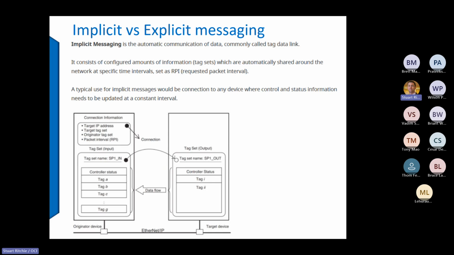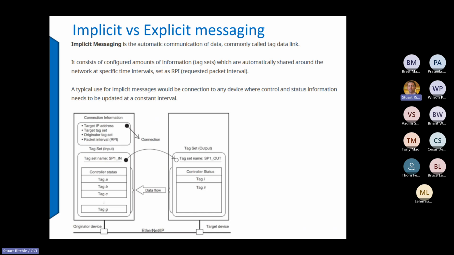Now, explicit messaging is something where you're actually telling the PLC programmatically which address in the Ethernet IP device you're going after. There are things called class, instance, and attribute values in explicit messaging. They're comparable to a Modbus address, just 3 sections instead of 1.